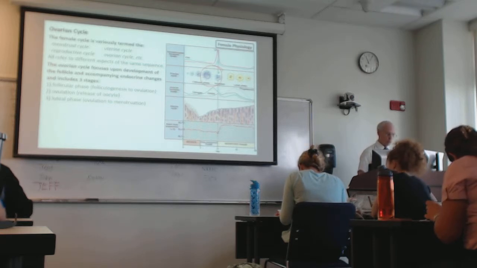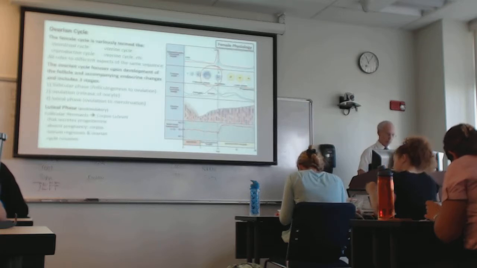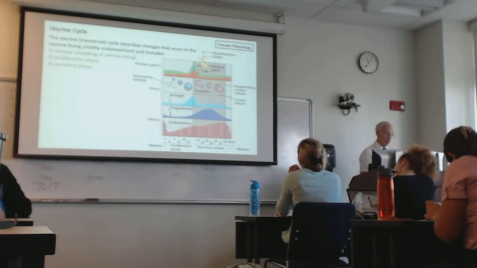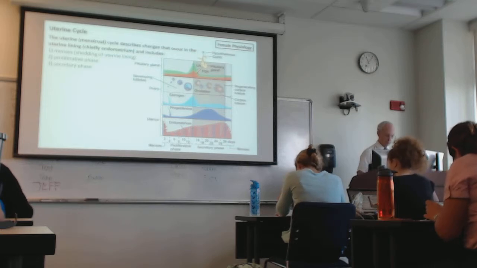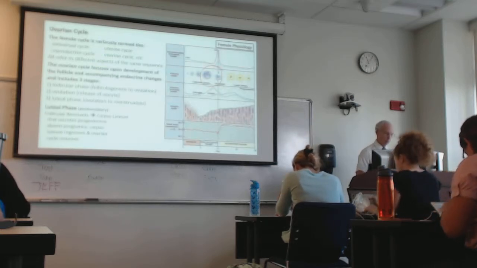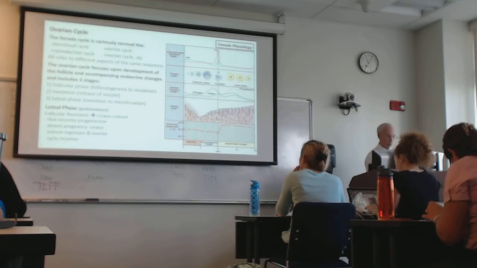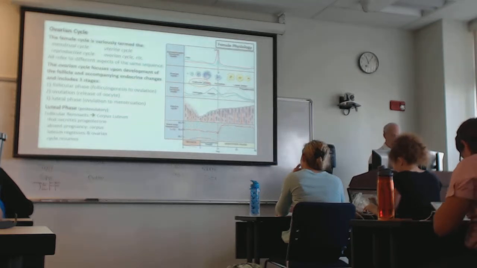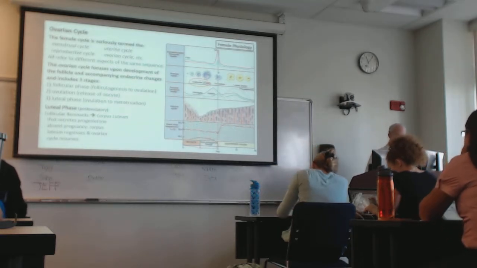All right. So as I say, we're primarily interested in the ovarian cycle, but as we discuss that further, make sure you note the correspondence between the stages of the ovarian cycle. In fact, let me go back to this illustration. The correspondence, for example, between the follicular phase of the ovarian cycle and the menstrual and proliferative phases of the uterine cycle.